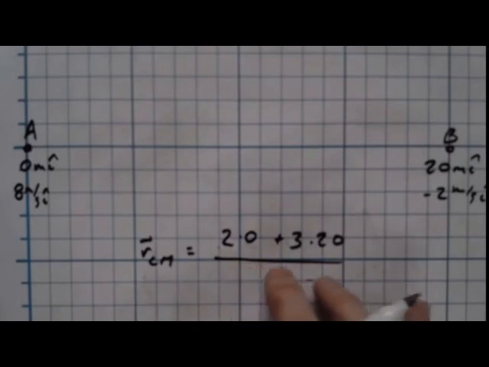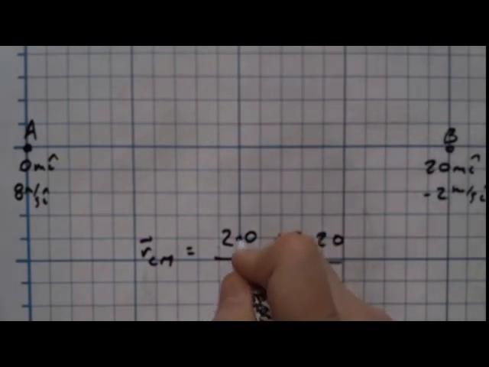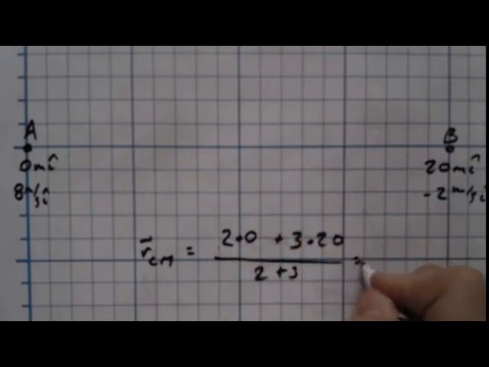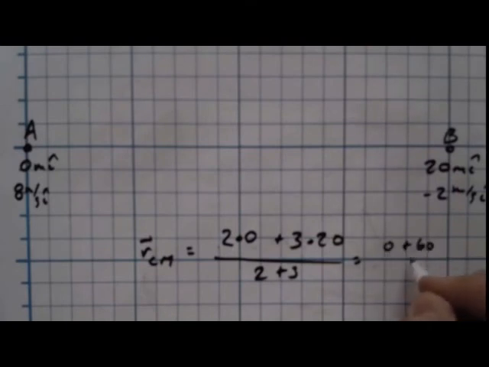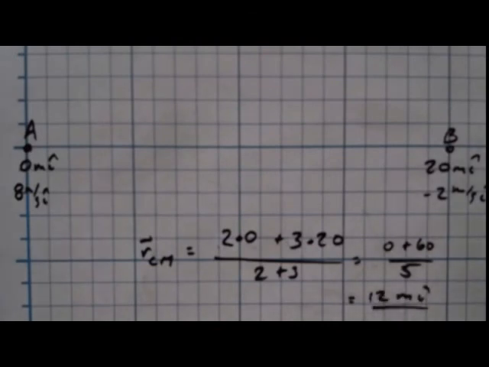And then those 2 masses on the bottom add up. You get 2 plus 3 is 5. So 2 times 0, 3 times 20. So that adds up to 0 plus 60 over 5, which equals 12 meters I hat. So that's the location of the center of mass.